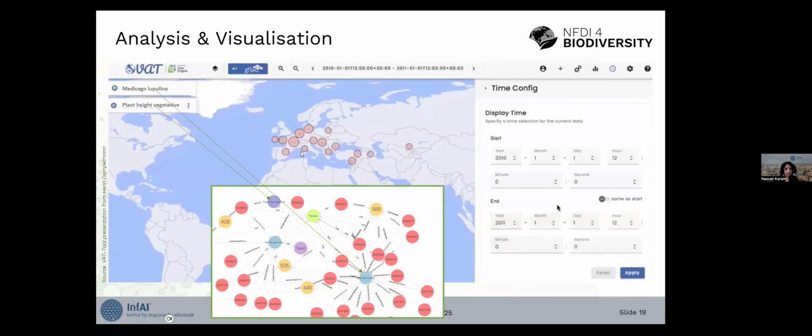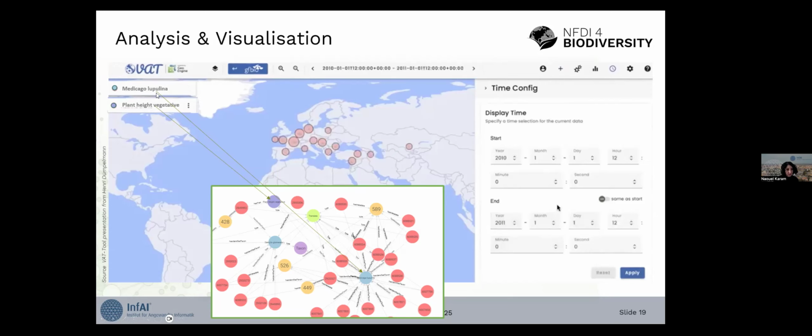And the addition, if we have the information from the knowledge graph, would be to be able to have facets about, for instance, the species or the traits that we would like to concentrate on.